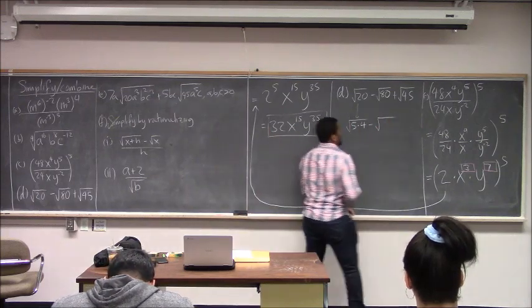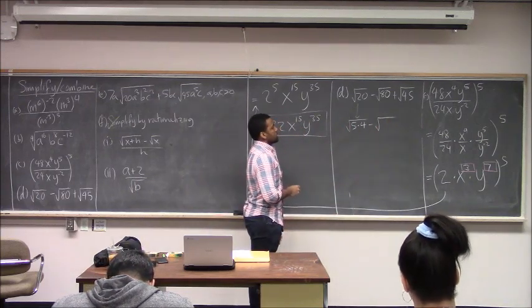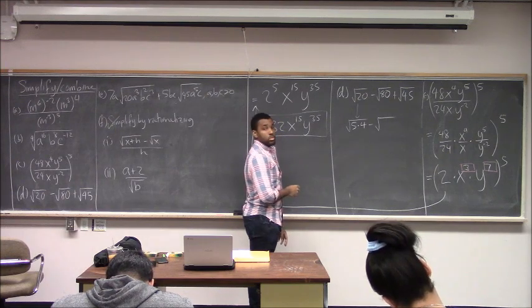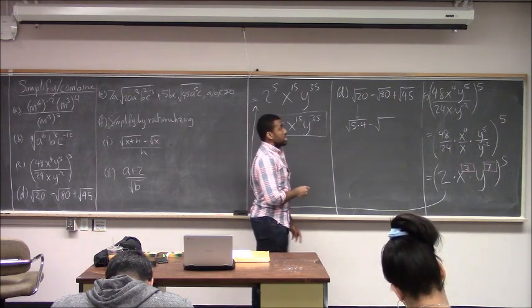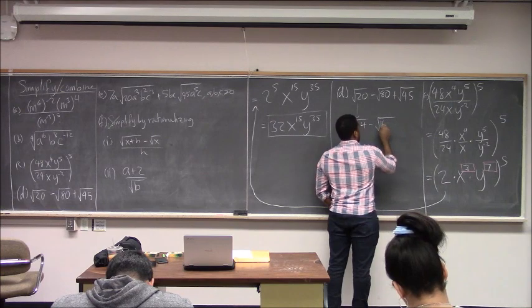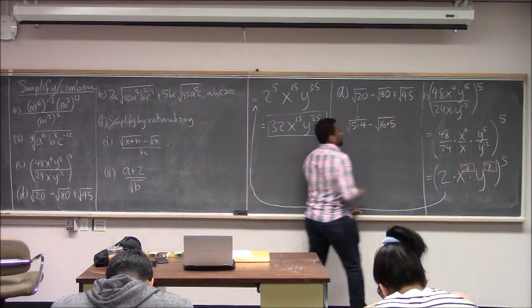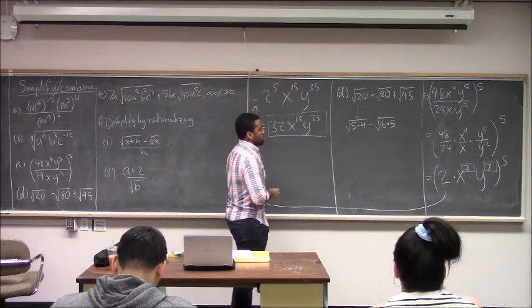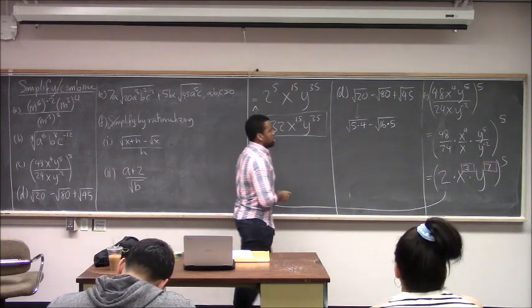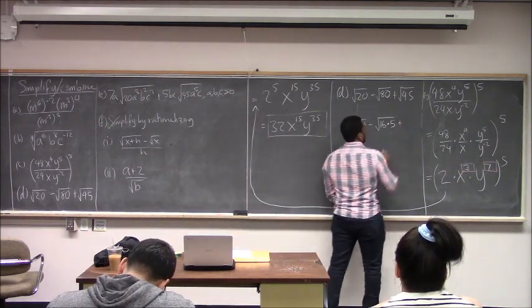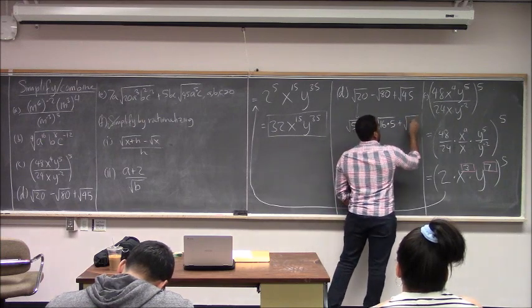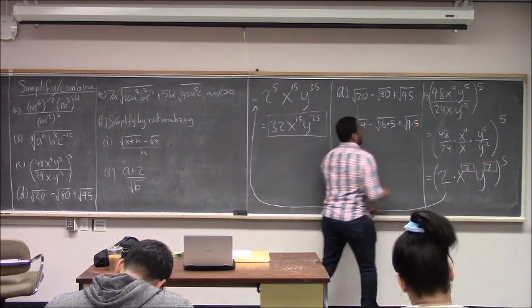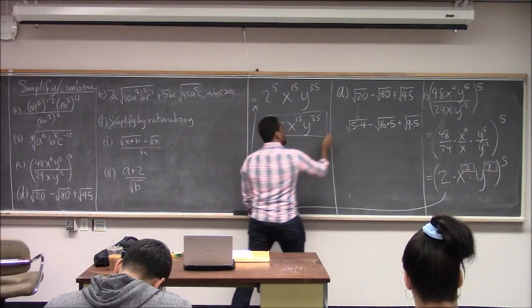What about 80? 16 times 5. And the 45? It's 9 times 5. I'm not really putting anything in order here.